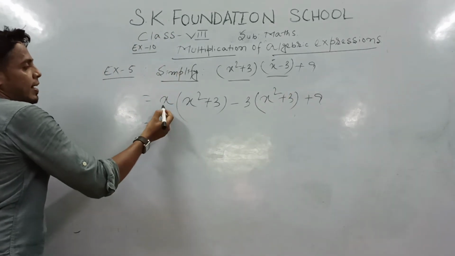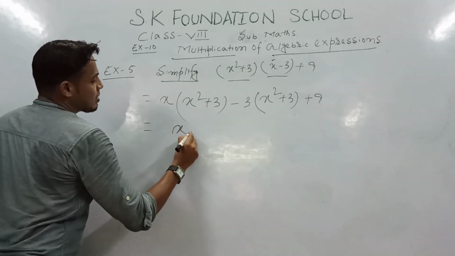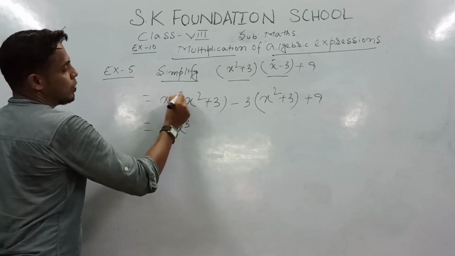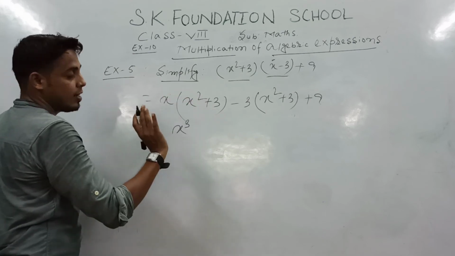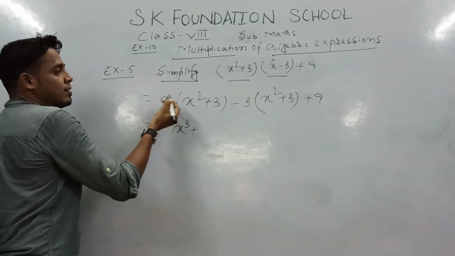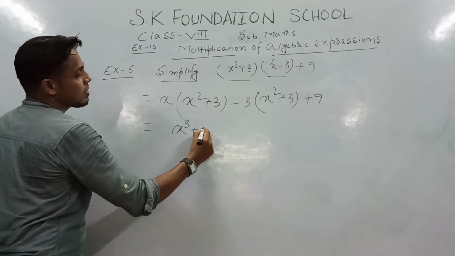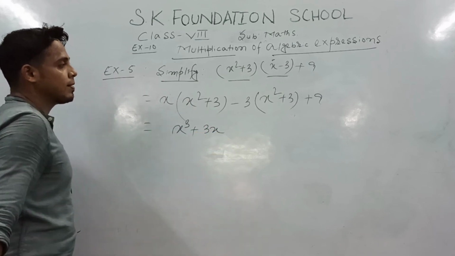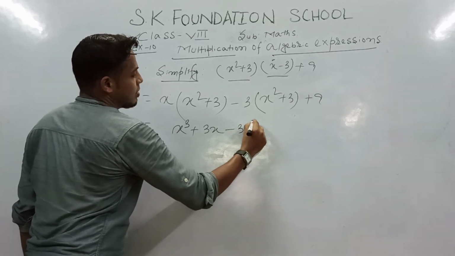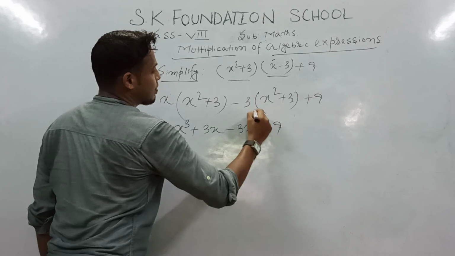So when x and x square are multiplied, the answer will be x cube, because here power 1, here power 2. So 1 plus 2 is 3. Plus sign because x contains plus, 3 also contains plus, plus plus plus, 3 into x is 3x, plus into minus is minus 3x square, 3 3s are 9 and plus minus minus.